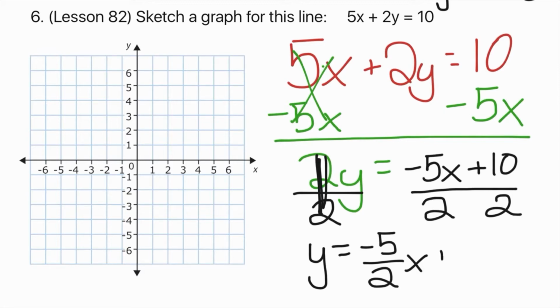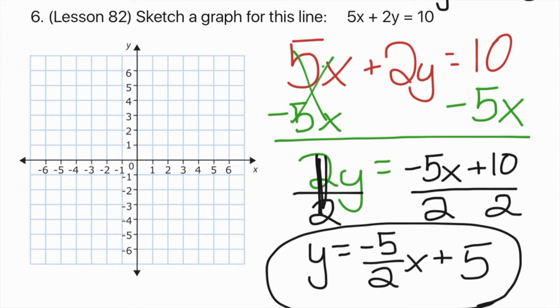So negative 5 over 2x plus, and then 10 divided by 2 gives us 5. Now we have our formula in slope-intercept form, and I can clearly see our y-intercept is positive 5. So first thing I want to do is go and put a dot on positive 5 on the y-intercept.